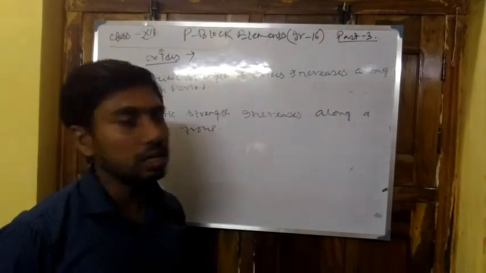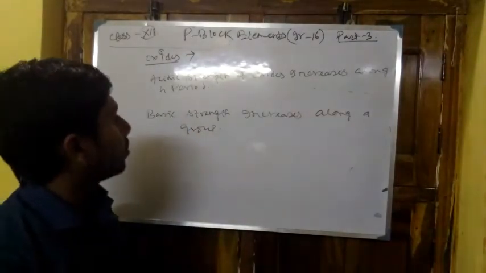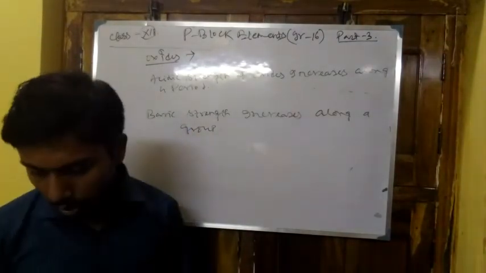So acidic character increases along a period and basic character increases down a group.